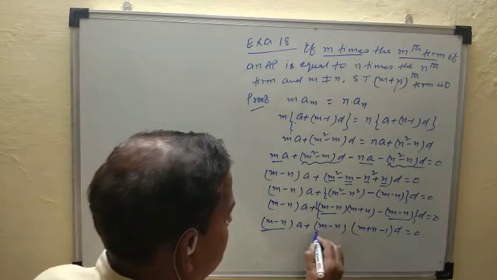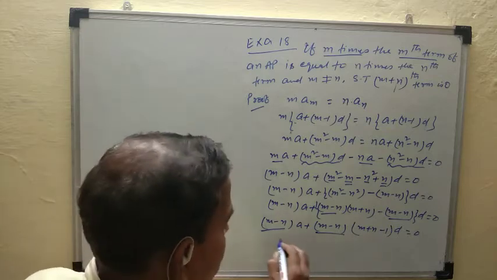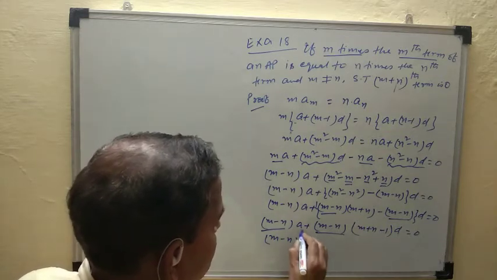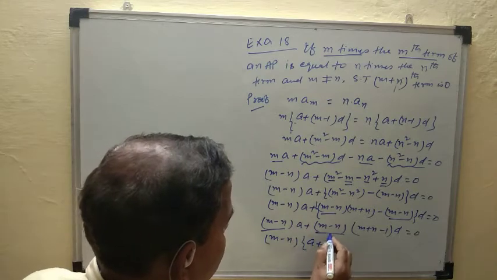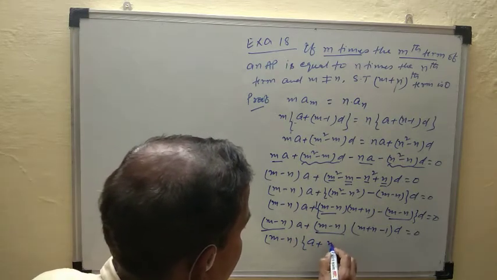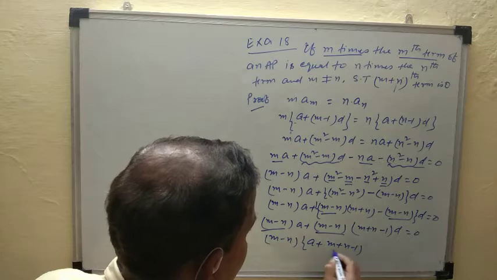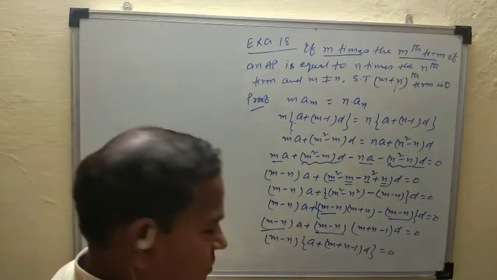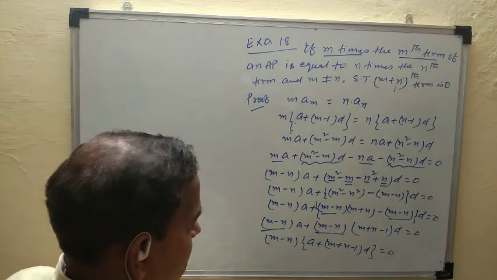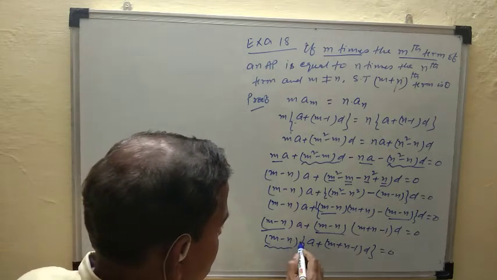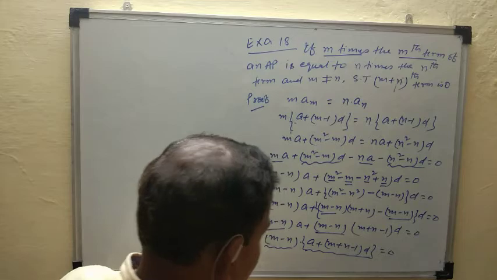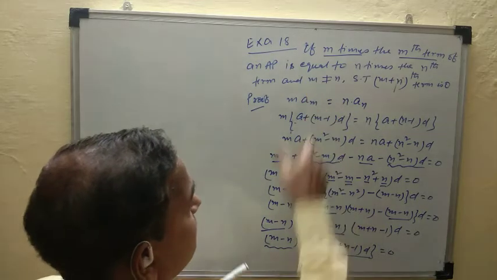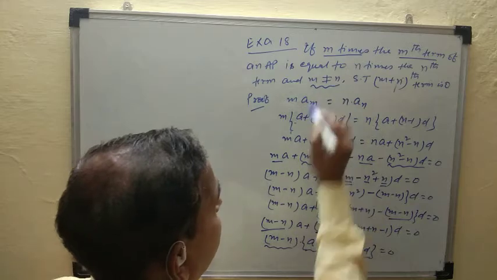Now (m minus n) is common, so write m minus n in common, becomes a plus (m plus n minus 1) into d is equal to 0. So either this is 0 or this term is 0, but given m is not equal to n.